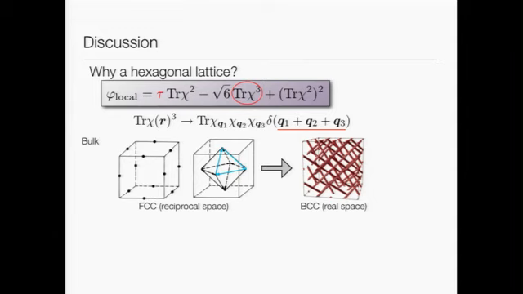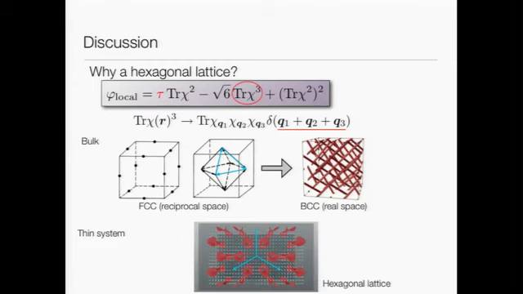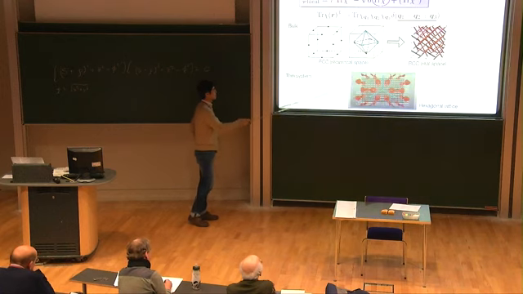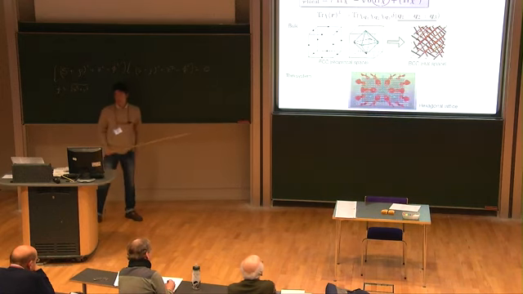But in our thin system, we can only think of a combination of three wave vectors in a single plane, and this is consistent with the observation of hexagonal lattices in our system.